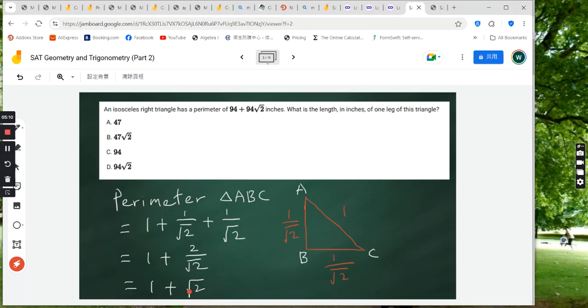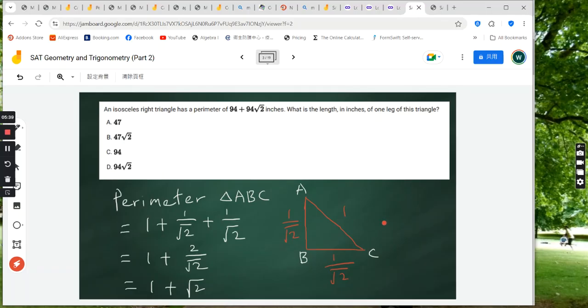Now, this triangle is similar to this one because it is an isosceles triangle. It has a right angle, and when we have an isosceles right triangle, the other angles are 45 degrees, 45 degrees.